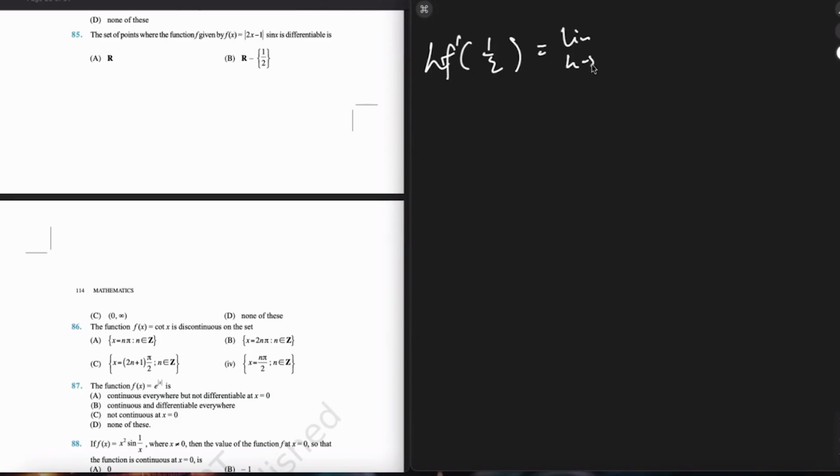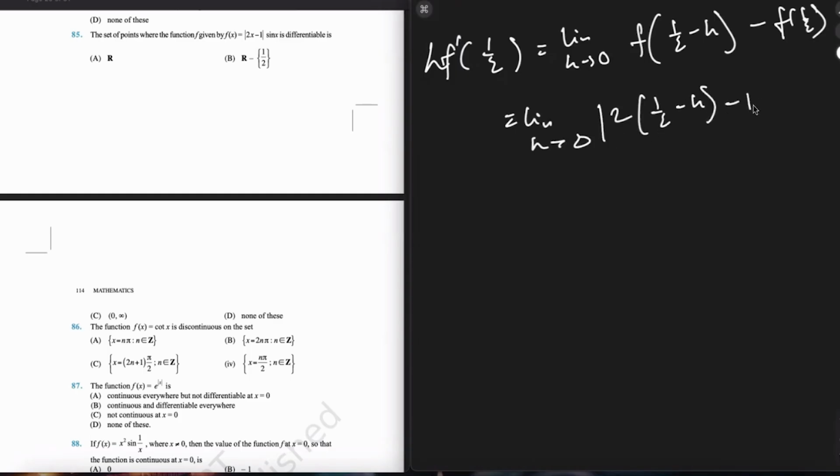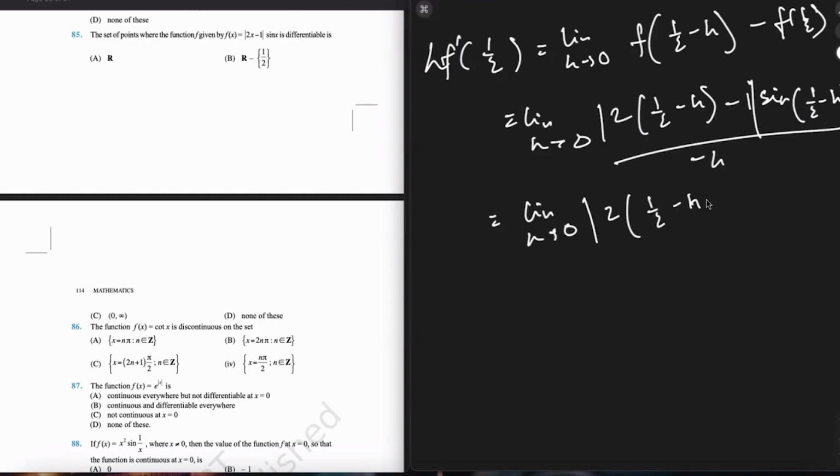The limit h tends to 0, f(1 by 2 minus h) minus f(1 by 2), divided by minus h. That is mod of (2(half minus h) minus 1) times sin(half minus h) divided by minus h.